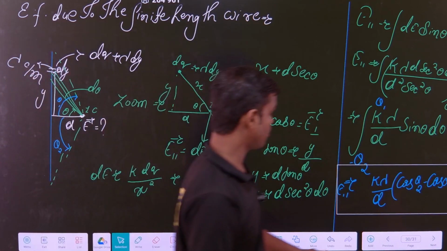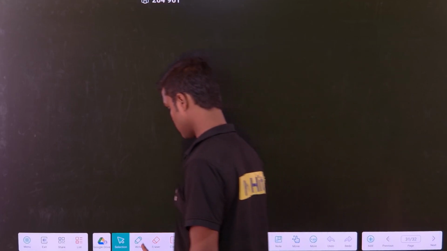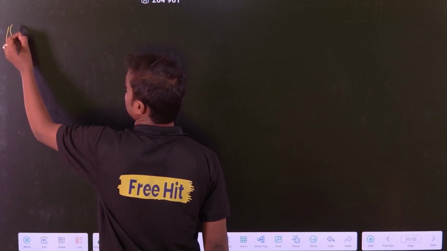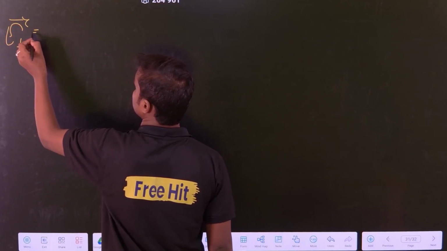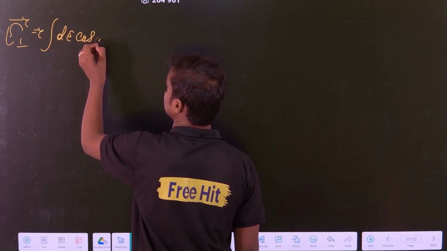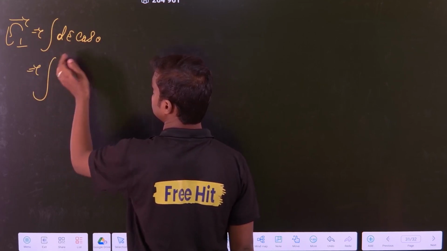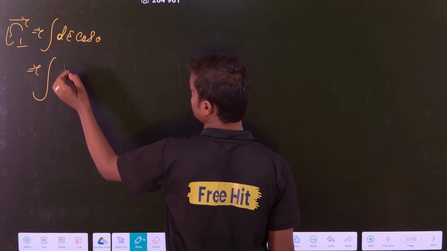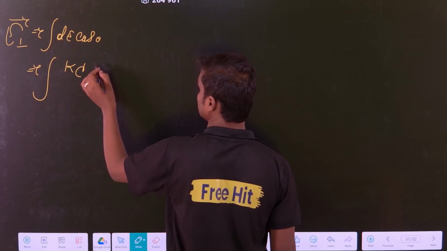Now let us calculate E perpendicular. So what is E perpendicular? Integration of dE cos theta. So what is dE? We have calculated K lambda into dy.